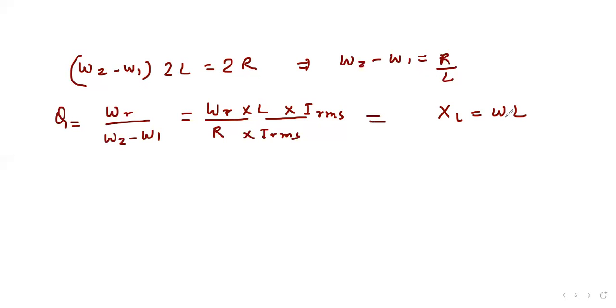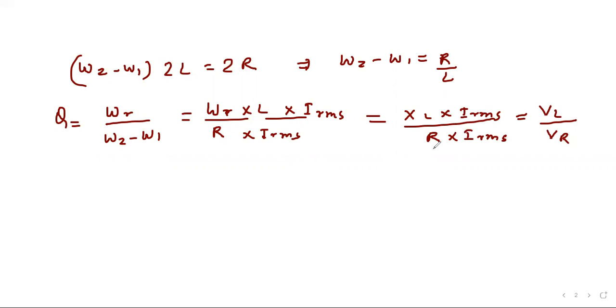So we can write XL times IRMS divided by R times IRMS, which will be equal to voltage across inductor divided by voltage across resistor.